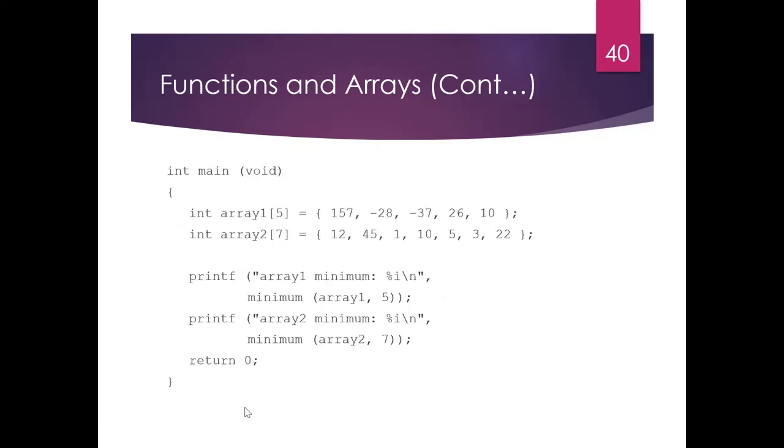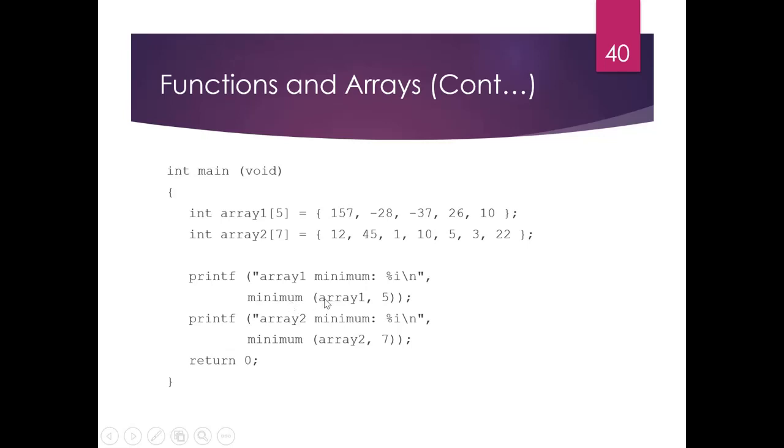Here, this is the main function. There are two arrays, array 1 and array 2. First array size is 5, second array size is 7. These are the values of the arrays, and printf array 1 minimum is what? It passes this array 1 into the minimum function. This is the way of passing that.